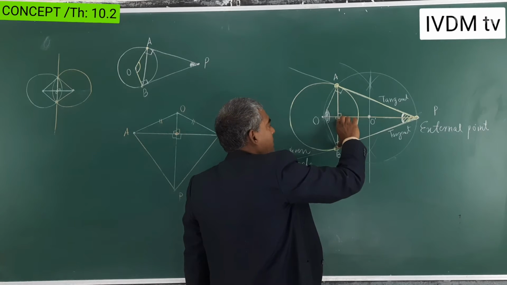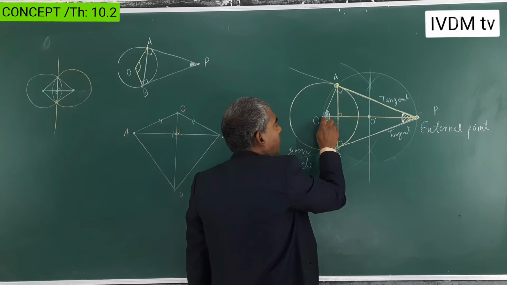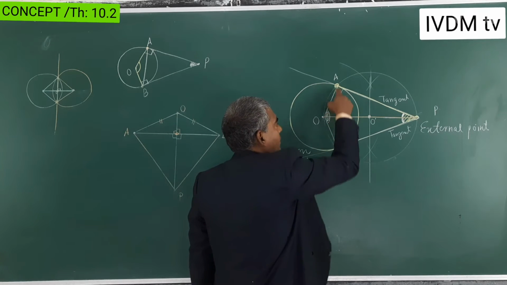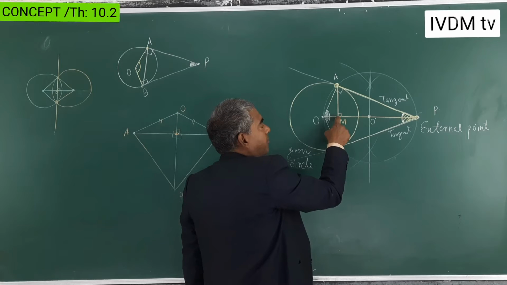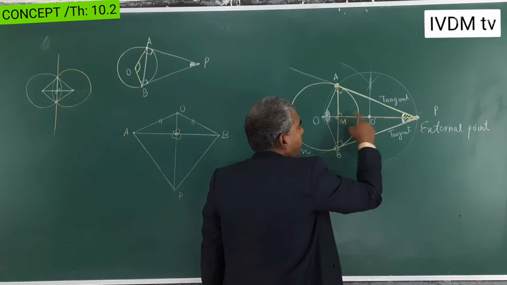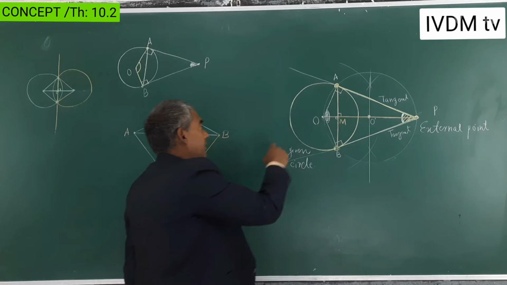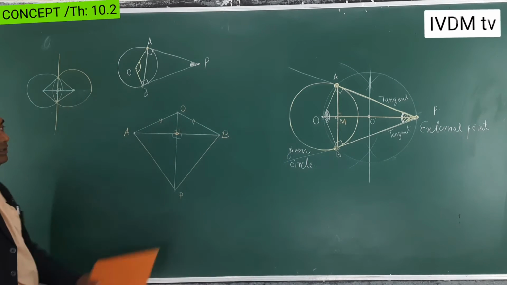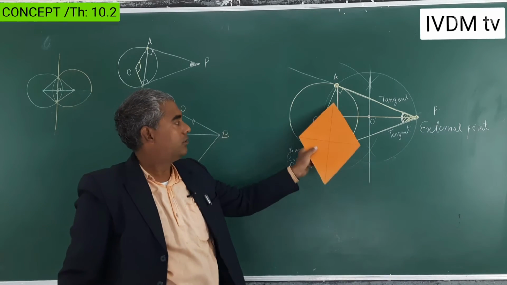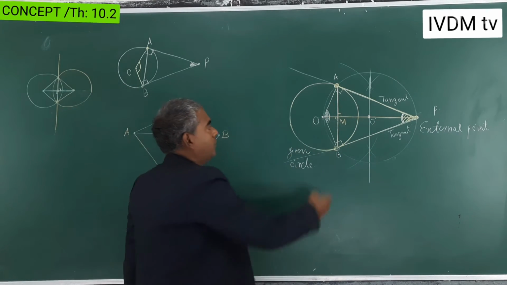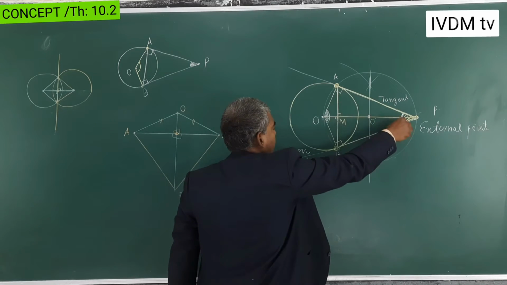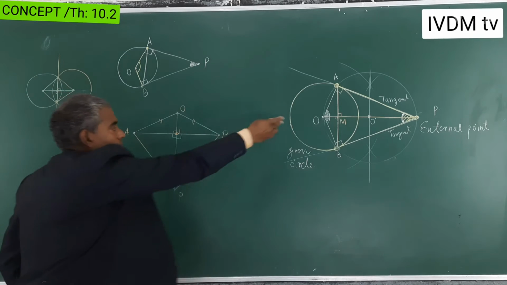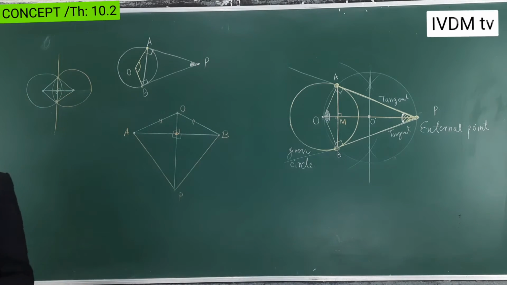Suppose I take M, so AM is equal to BM, but OM is not equal to MP. It will be equal when the two circles are equal, like this. Because this is the small circle and this is the greater, that's why it is a kite, since this radius and its radius are different. So this whole figure can be formed here.